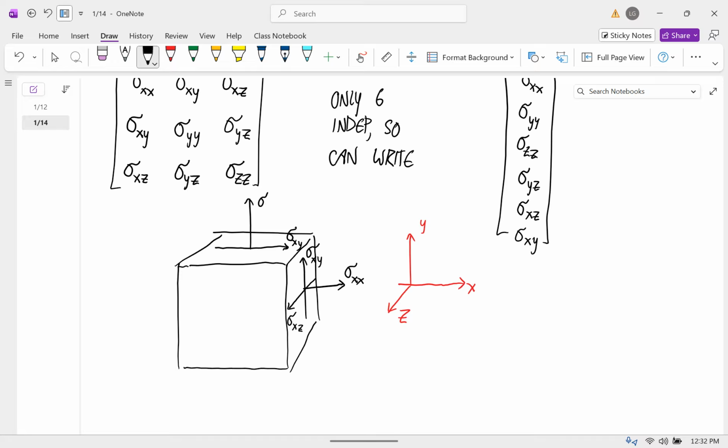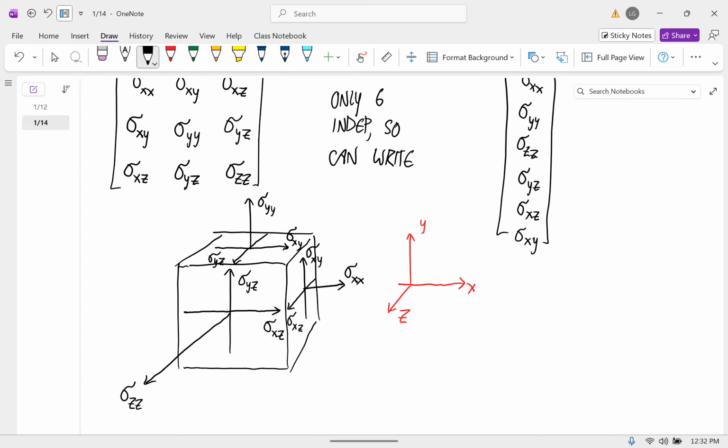Sigma yy means this. Sigma yz means this. And it also means this. And I missed one connection here. This one is also sigma xz. And then zz is coming straight out of that z face.